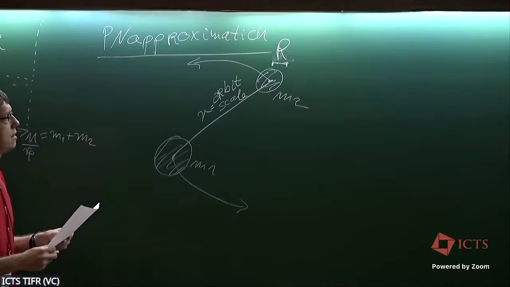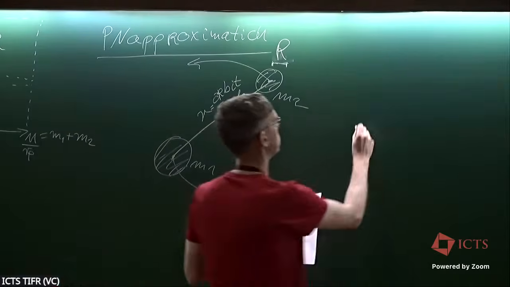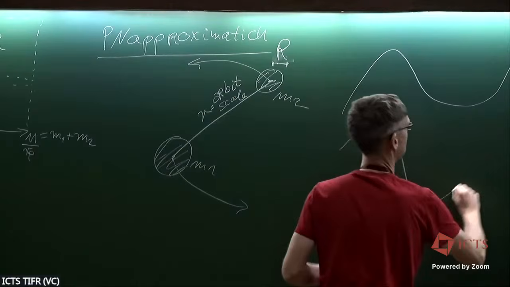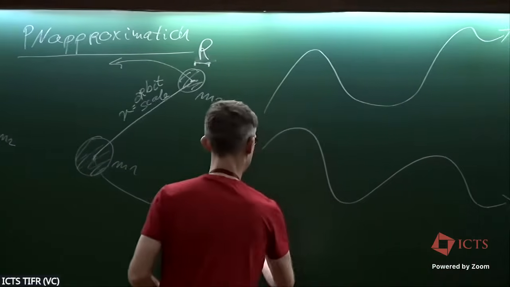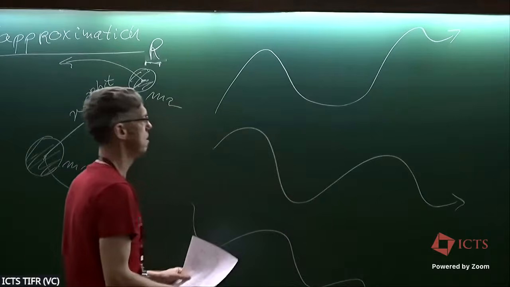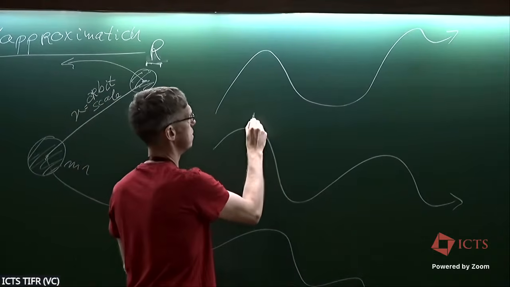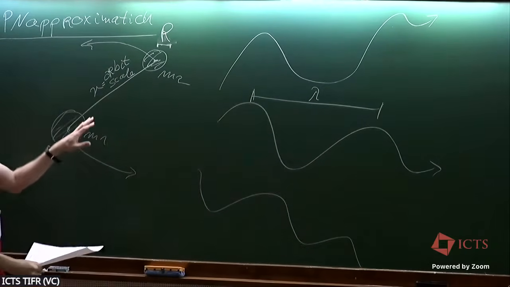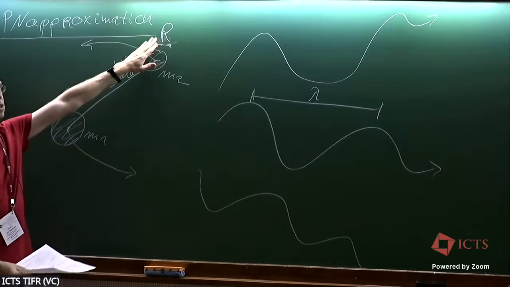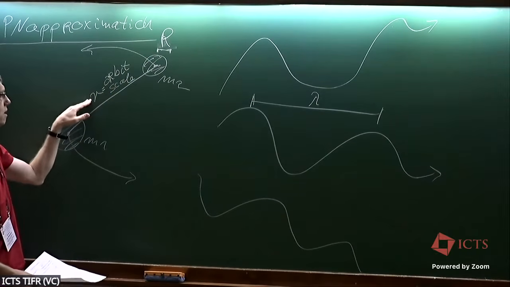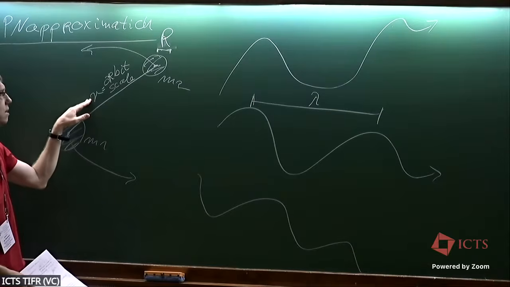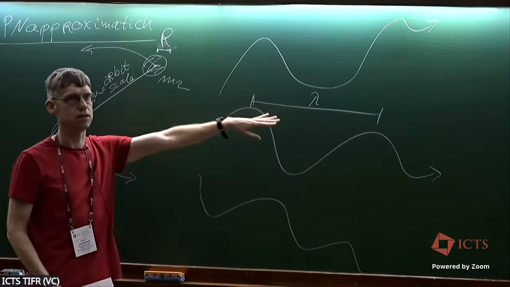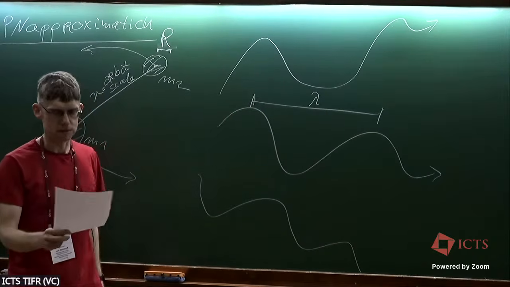But now there's a different scale in the system, which is fixed by the gravitational waves, right? They will be going out, being emitted from the system. And the characteristic scale here is the wavelength. So there's a small scale, which is big R, the size of a body. Then the next slightly bigger scale is the size of the orbit. And the length of the gravitational waves is even larger, right?